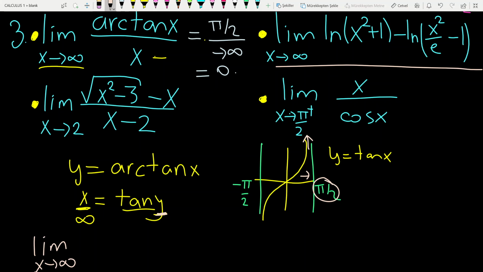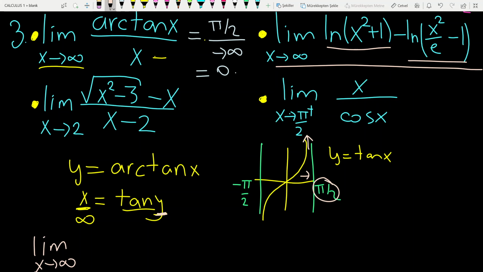When x tends to infinity, this part tends to infinity, this part tends to infinity. So we have an infinity minus infinity case. Okay? If you wish, apply L'Hopital's rule. If you do not wish, solve using some other techniques. I want to solve without using L'Hopital's rule. I will use properties of logarithm.